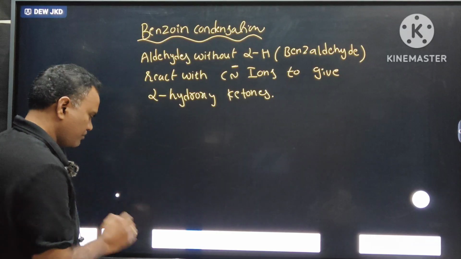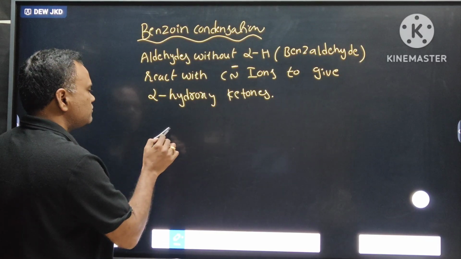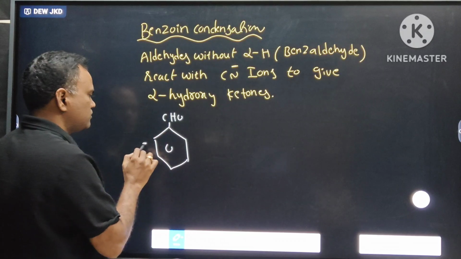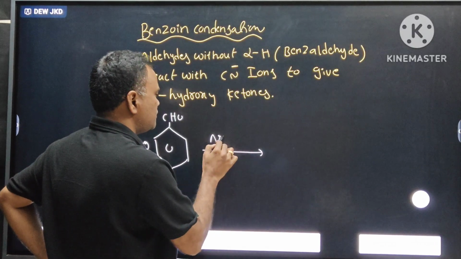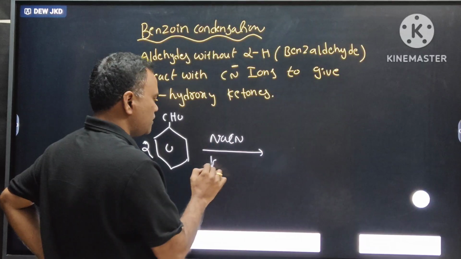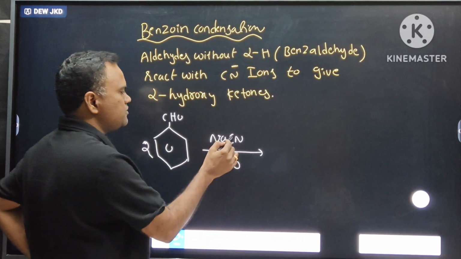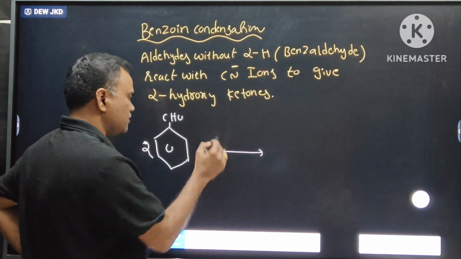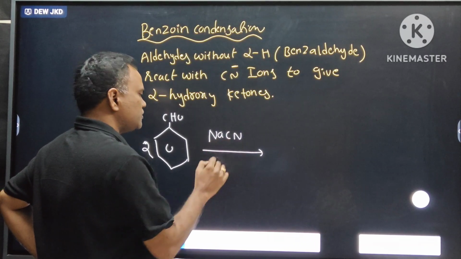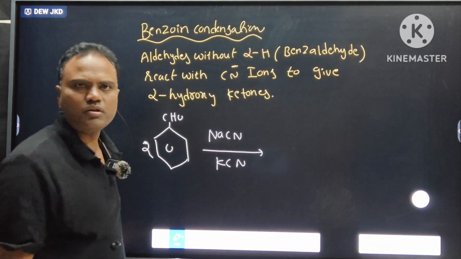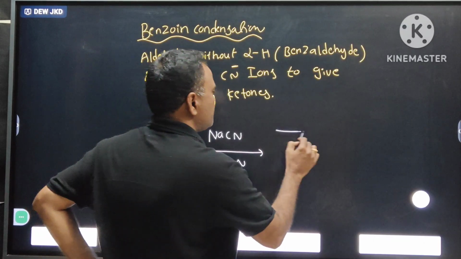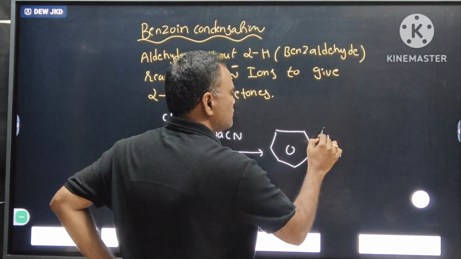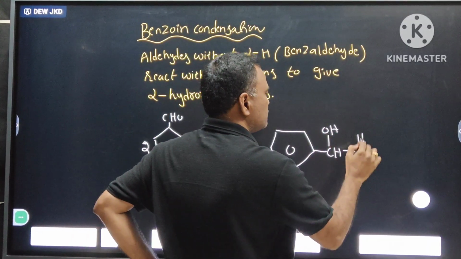Okay. See this. NaCN or KCN. I mentioned cyanide ions, no? So what is the source of cyanide ions? NaCN or KCN. What is the product? You tell me. Alpha hydroxy ketone.